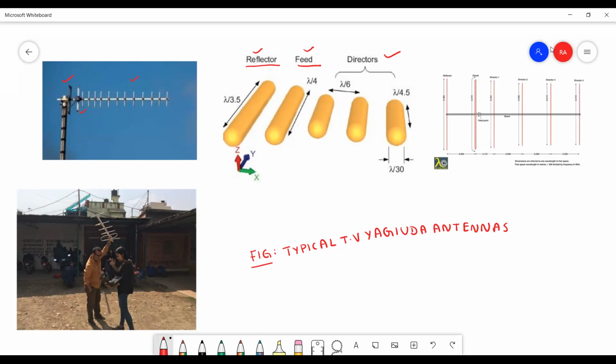The phase and currents due to the induced voltage depend upon the spacing between the elements and upon the reactance of the elements.